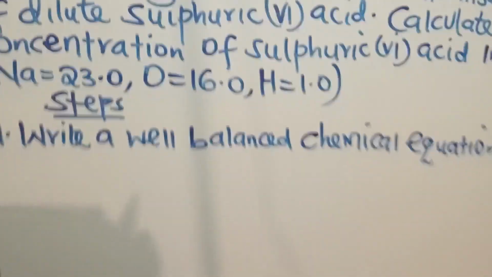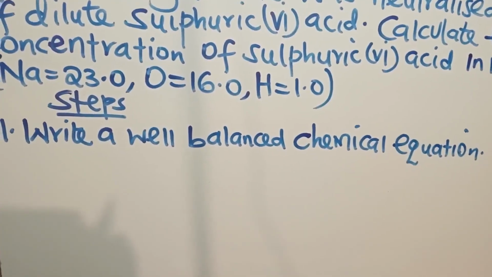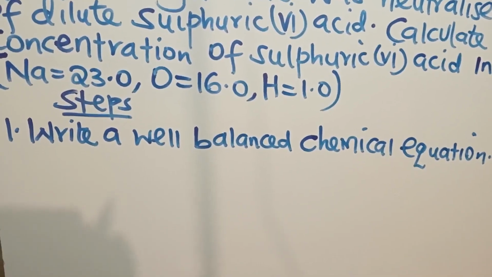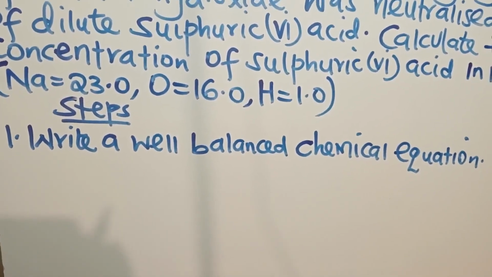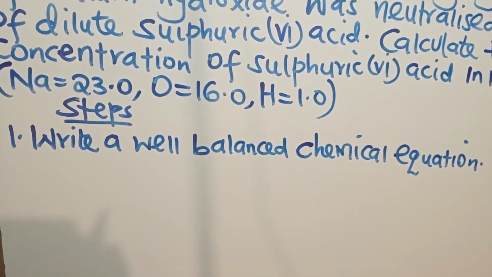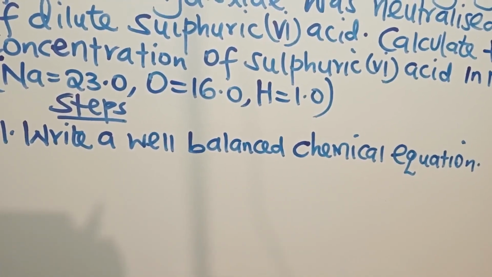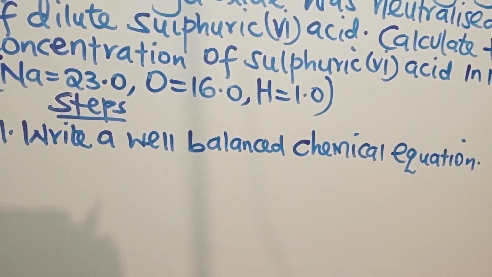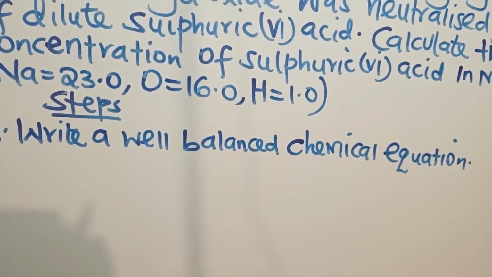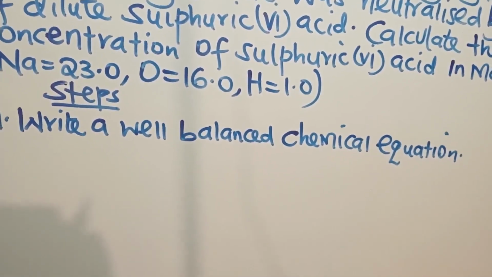And just to remind you, a well-balanced chemical equation, 1, it should have the correct chemical symbols. 2, it should be well balanced. 3, it should have the correct state symbols. And of course, once you balance it, you should clearly confirm whether it is well balanced.